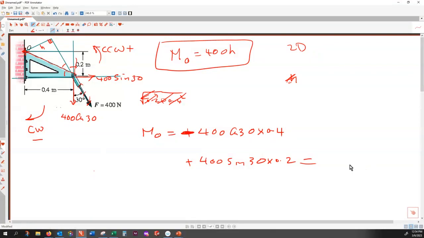If it is negative, the entire rotation is clockwise. And in this case, it's not difficult to understand that the entire rotation will be clockwise. So I know that the result, whatever it is going to be, is a negative number, because just by looking here, this force is making my poster rotate clockwise about that point.